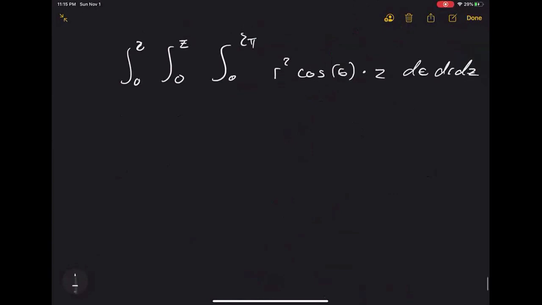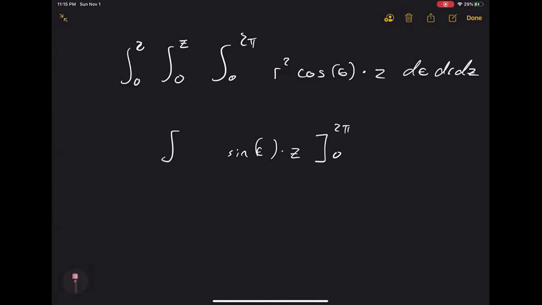So I'm integrating in terms of theta first. I get r squared sine theta times z from 0 to 2 pi. And that just gives us 0, right? When we plug these bounds into our sine theta, that should just give us 0.